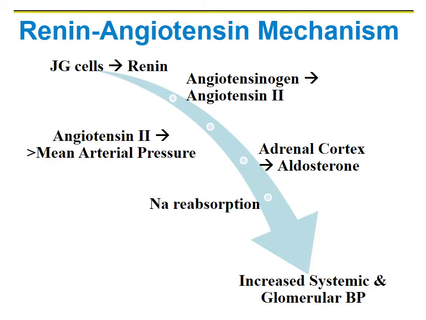And two, it causes production of the hormone aldosterone from the adrenal cortex. Aldosterone travels to the collecting tubule and stimulates sodium reabsorption. Where sodium goes, water follows. So this is a sneaky way of stimulating water reabsorption.